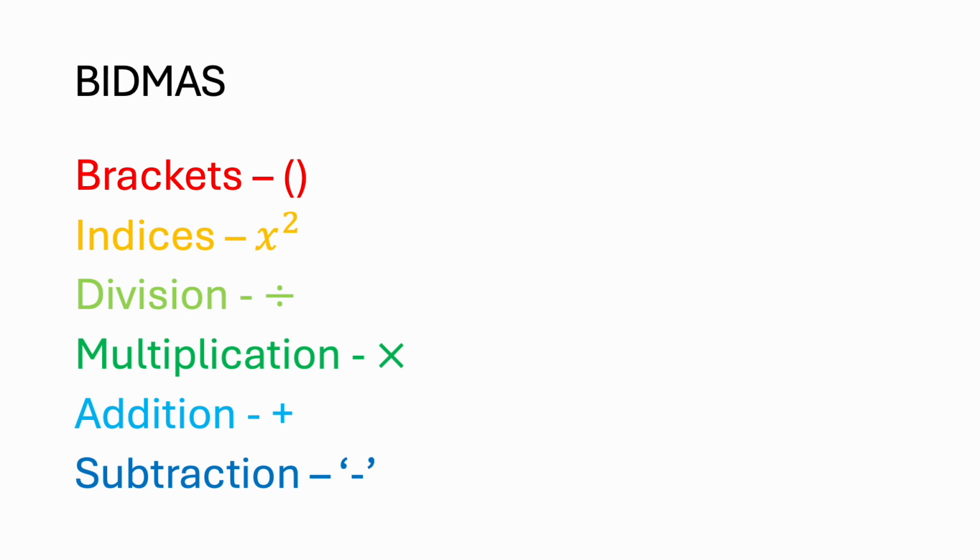Sometimes you will see that for division and multiplication it doesn't really matter which order you do it, and the same thing goes for addition and subtraction. However, you should always do your brackets and indices first before you do your division, multiplication, addition, or subtraction.